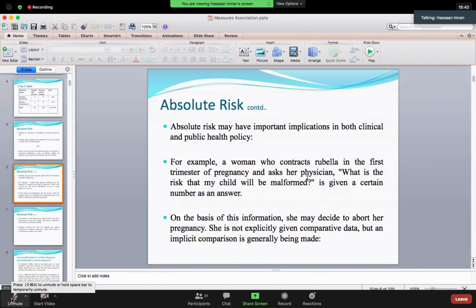There are certain infections, TORCH infections, which if a female contracts during her first trimester, she carries a big risk that she might end up delivering a malformed baby, or the baby might suffer from some congenital anomalies. So gynecologists generally try to convince the patient that she needs to terminate or abort this pregnancy. It's a very big decision and very traumatizing for a mother also.